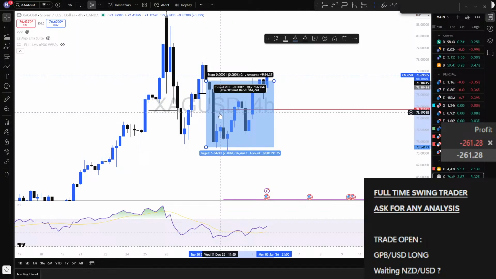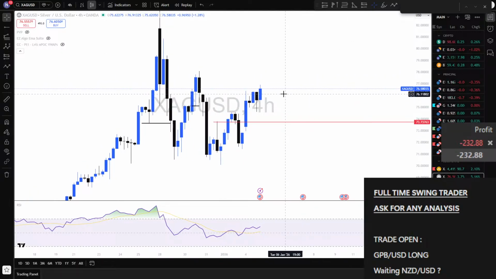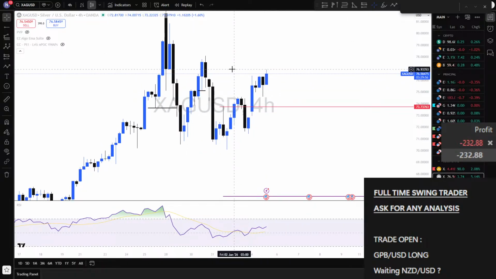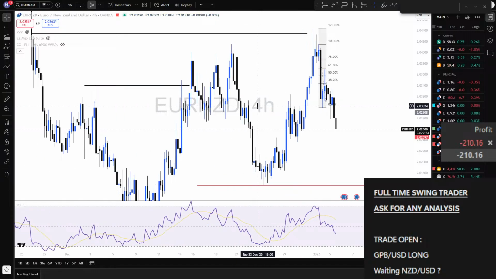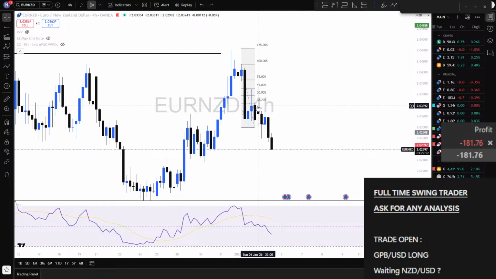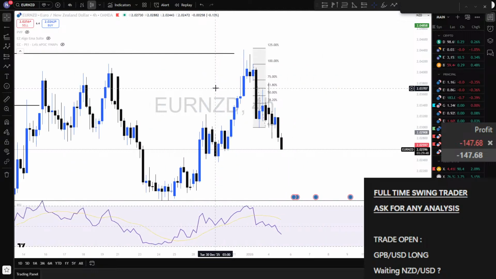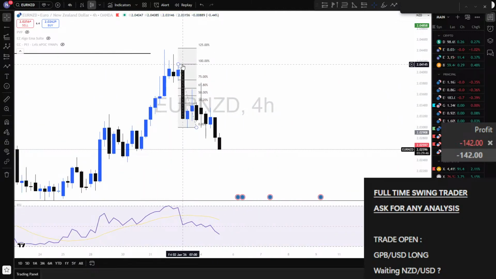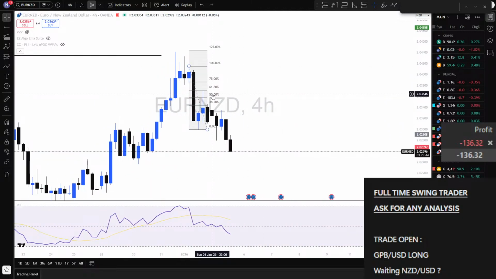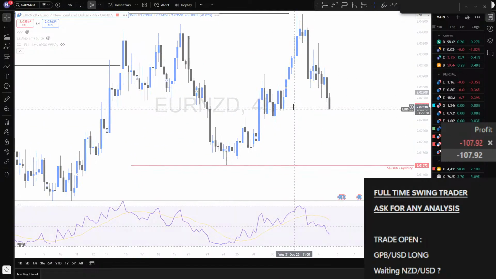When he came back here, I moved my SL at profit here. That's all. There was this setup. Unfortunately, it was during the week opening, so not for me.